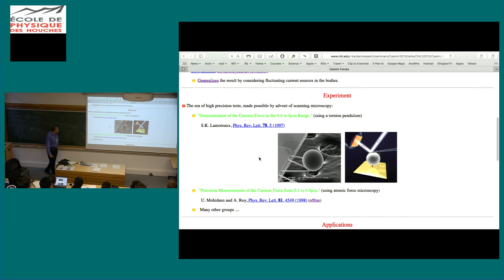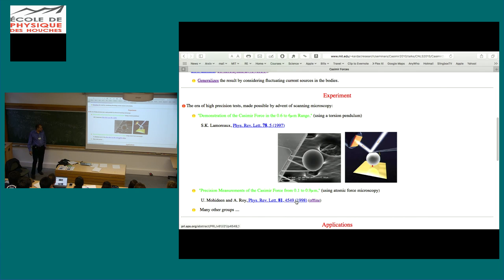Then a whole host of people, originally Steve Lamoreaux and later Umar Mohideen, did experiments in which they attached a gold sphere, hundreds of microns in size, to a cantilever and brought it close to a gold plate. They bounced a laser off the cantilever and measured its deflection sufficiently accurately, which gave a measure of the force, provided they knew the spring constant of the cantilever, which they could separately calculate.